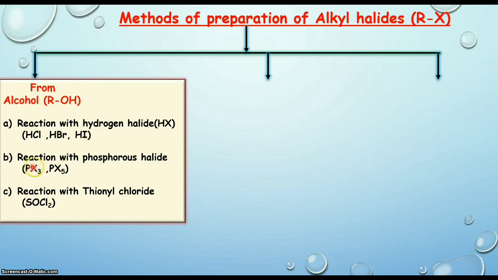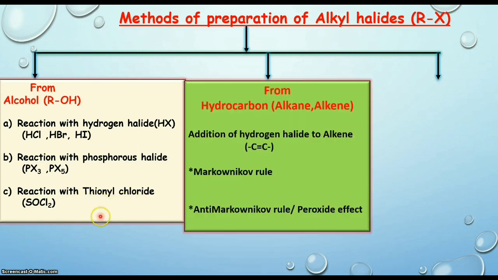The next one, reaction of alcohol with phosphorus halide. This phosphorus halide may be PX3, that is phosphorus trihalide, or phosphorus pentahalide. The last one is preparation of alkyl halide from alcohol by reaction with thionyl chloride, that is SOCl2.